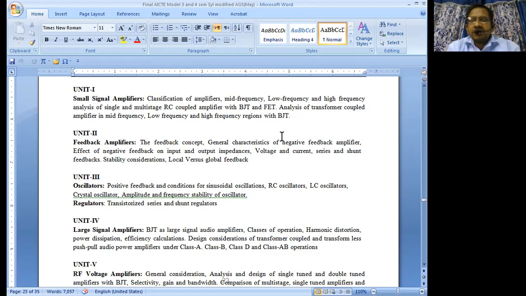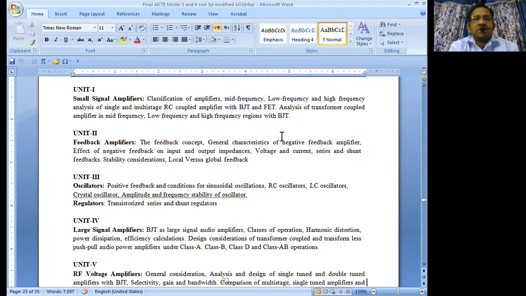In the previous subject, electronic devices, we studied up to the representation of the hybrid model or H parameter model. We don't have much analysis in the previous subject. We simply represent the model of the amplifier in either CE, CB or CC configurations.